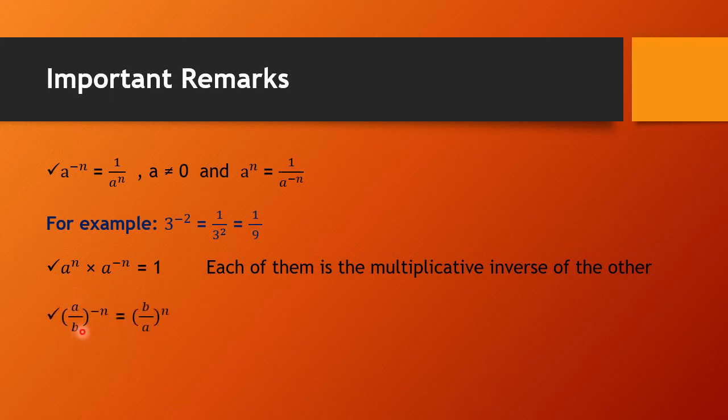A over b, power negative n, equals b over a, power n. The multiplicative inverse of 2 over 3 power 4 is 2 over 3 power negative 4. This is the multiplicative inverse.